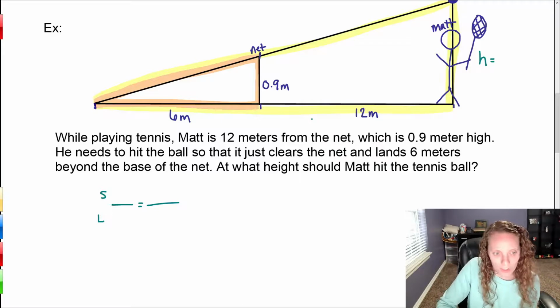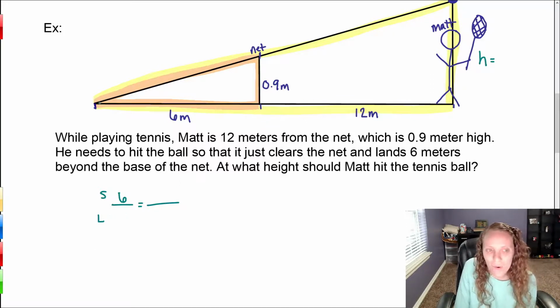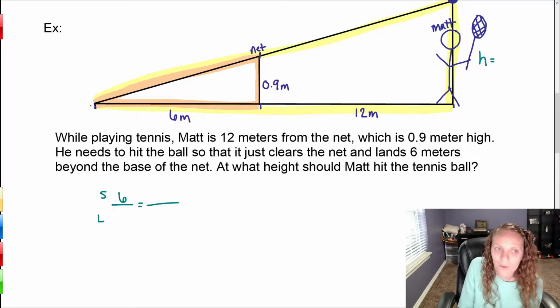So let's start with the smaller shape first. So let's start with 6 is the length for the smaller shape. Now we actually don't know how long this yellow side is yet. 12 goes from Matt to the net, and then 6 goes from the net to the corner here at which they hope the ball will land.